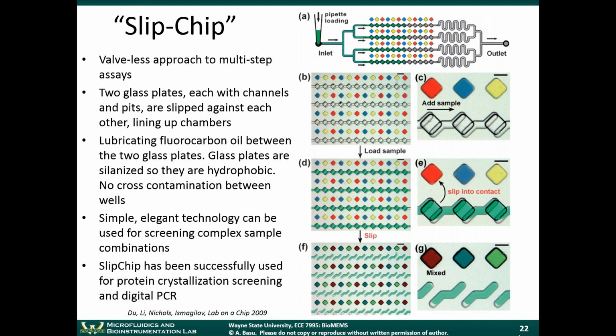In a lot of microfluidic experiments, we want to do what's called a screen, where we combine a set of reagents with a target. So let's say we have 30 different drug compounds, and we want to test each one of those 30 different drug compounds with a certain cell type to see how the cell responds to it.